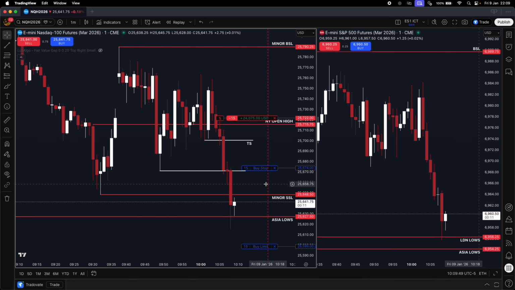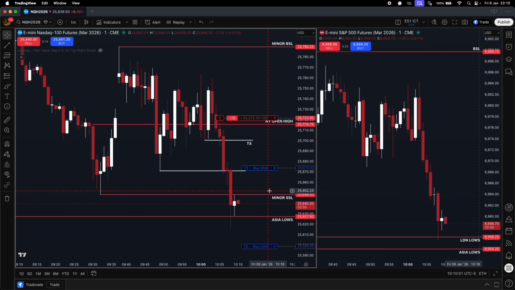So as of now, I either get 1R on this account, or I get the full 2R, because we have taken Asia lows now. So it's accumulation and it's manipulated the low, so I aggressively trailed in that scenario. So we either respect this gap or not.